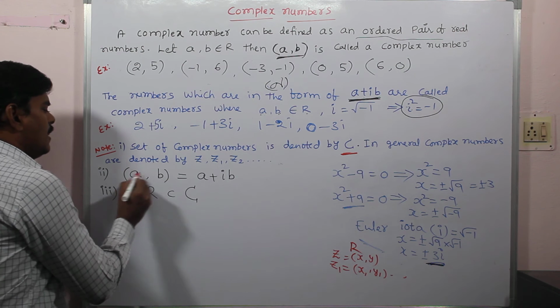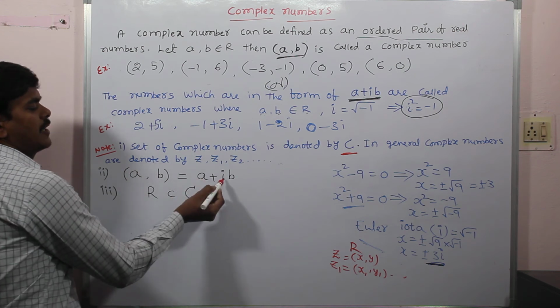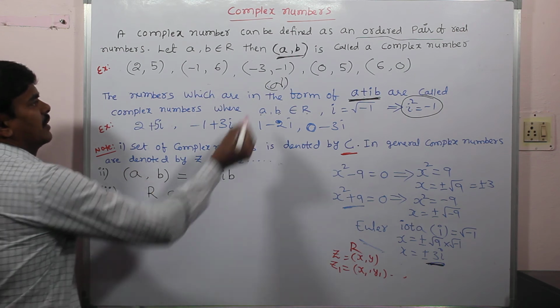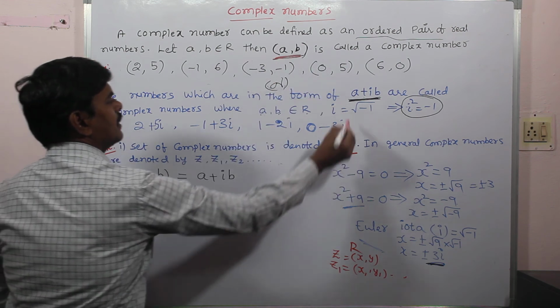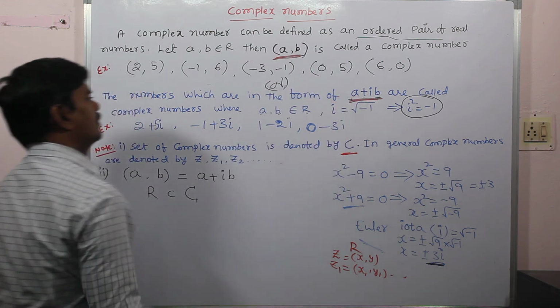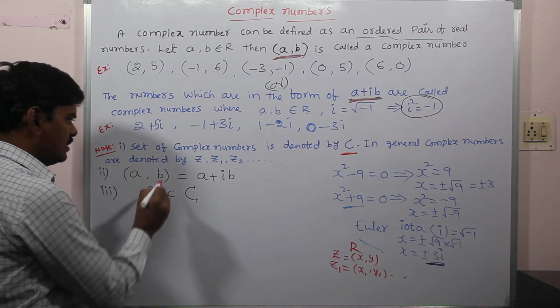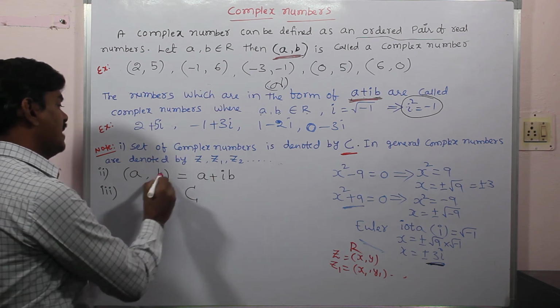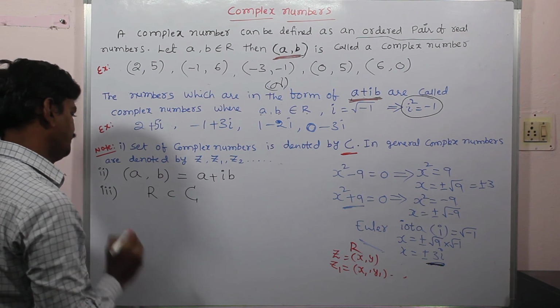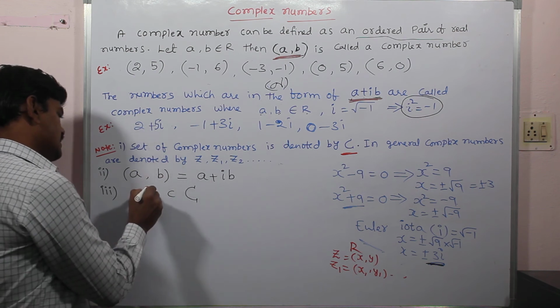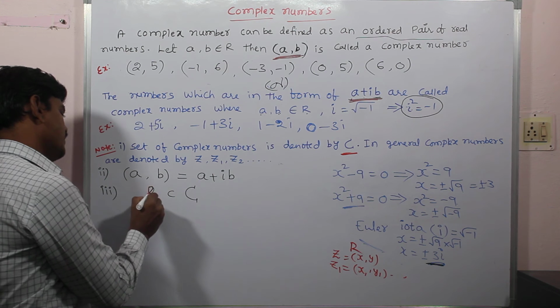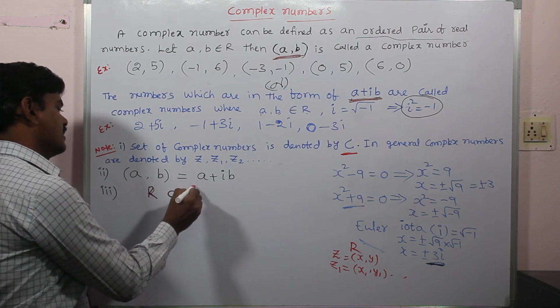Next, A comma B and A plus iota B are both equal. The forms are different, but both represent the same complex number. Next, the set of real numbers is always a subset of complex numbers.